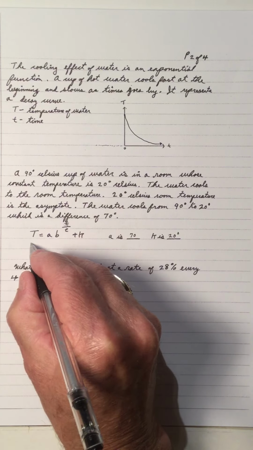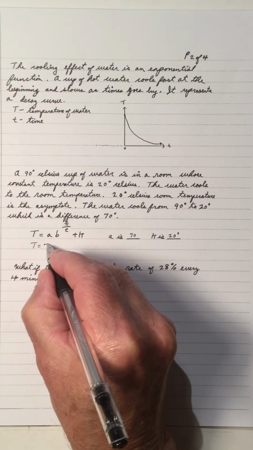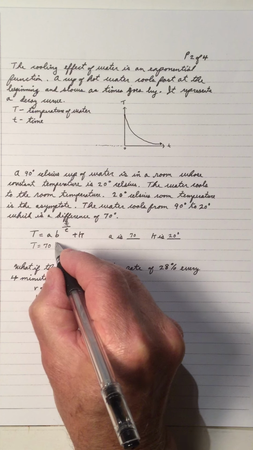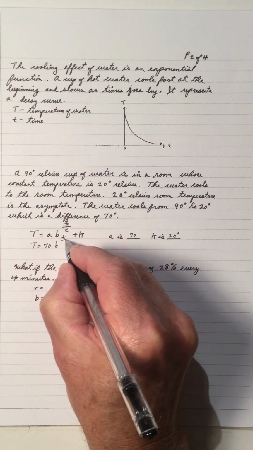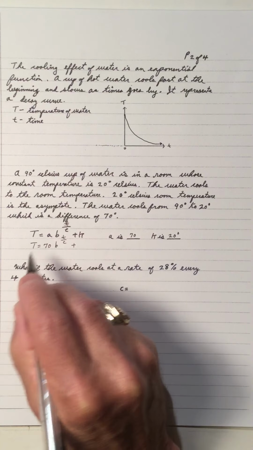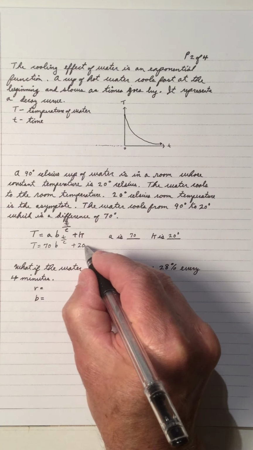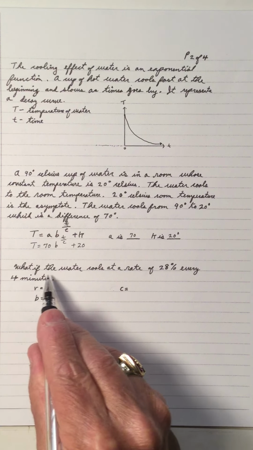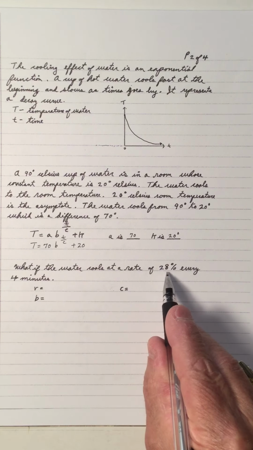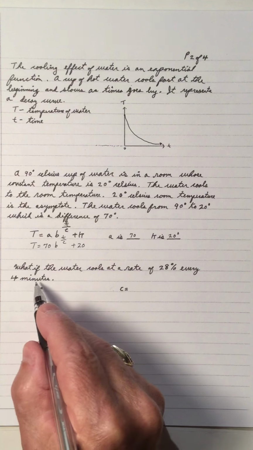So the equation, the temperature is 70 times B to the t over C plus 20. That's in this problem. So what if we continue and say that the water cools at a rate of 20% every 2 minutes?